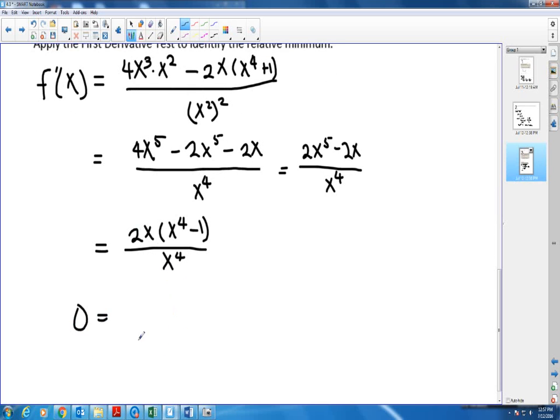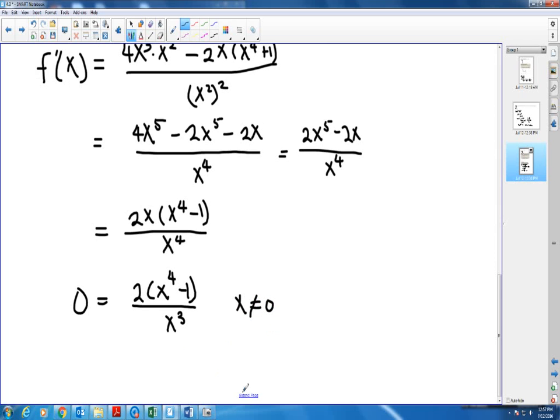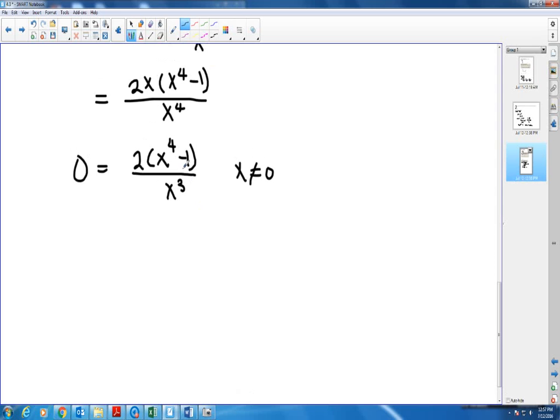Let the x cancel out, so that will be 2 times x to the 4th minus 1 over x to the 3rd. This x to the 3rd cannot equal 0. Cross multiplying, that gives me just 2 times x to the 4th minus 1 equal to 0.